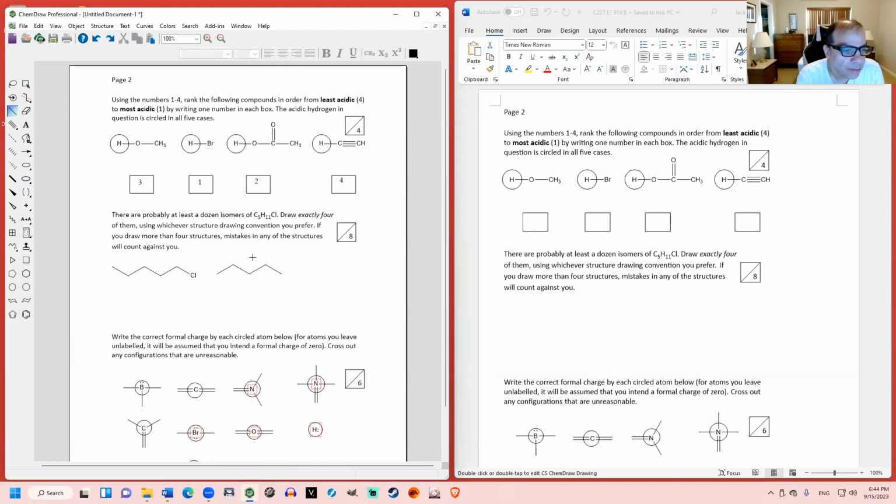This is one of them. You've got 1-chloropentane, 2-chloropentane, and 3-chloropentane. And that's already 3 of them.